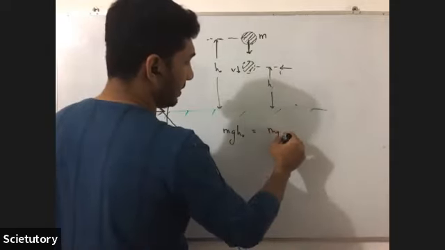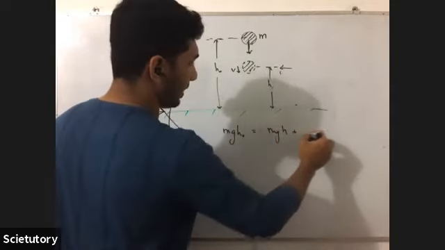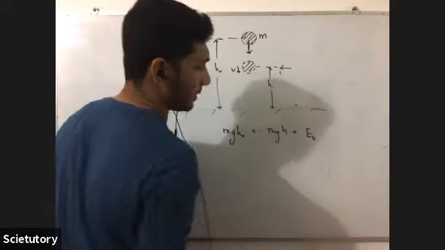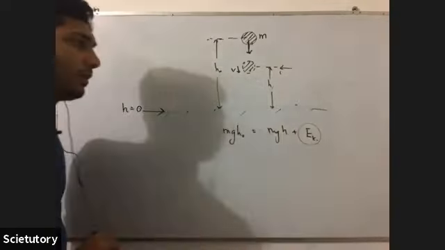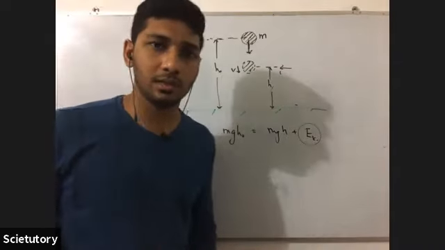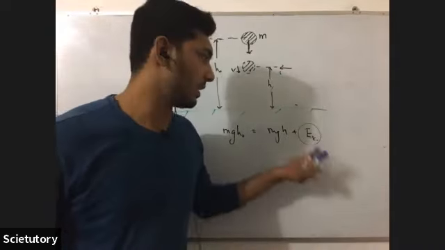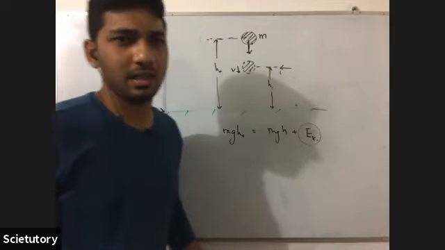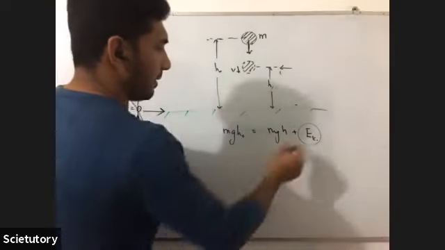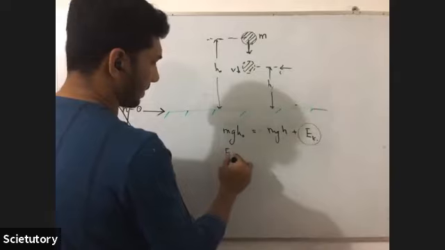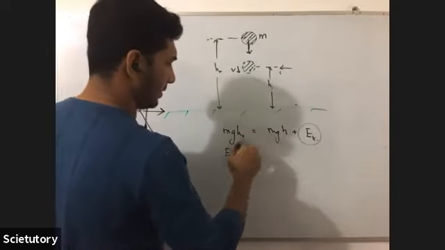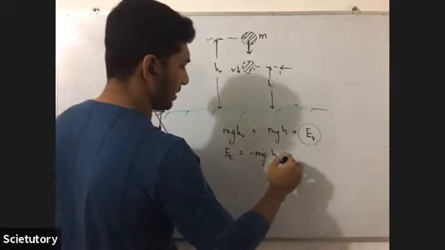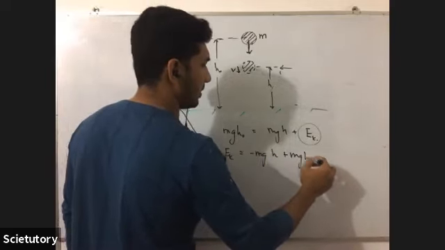So mgh plus its kinetic energy. So that's the equation. So we are asked the kinetic energy, so we don't have to substitute it with half mv squared. Just keep it as Ek. Okay, just make it easy. Ek is equal to, if you take this to this side, minus mgh plus mgh naught.